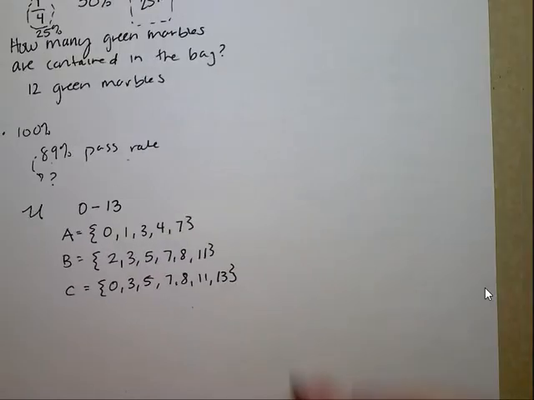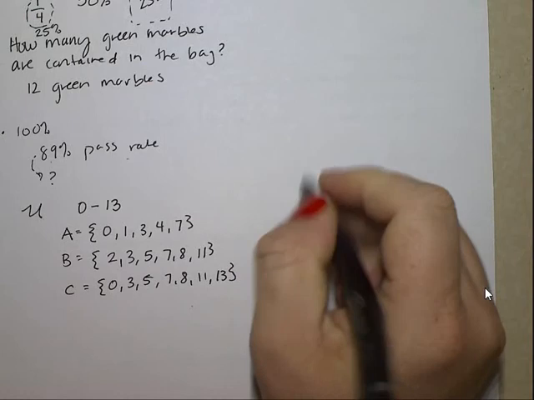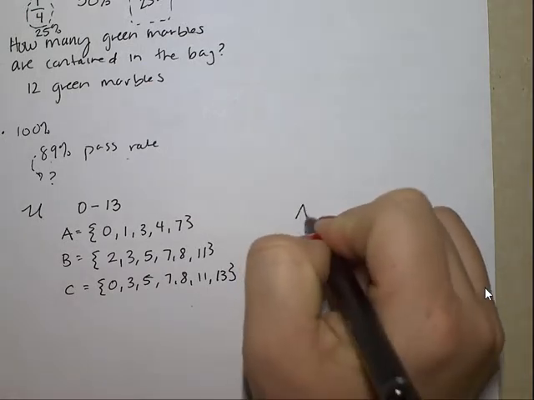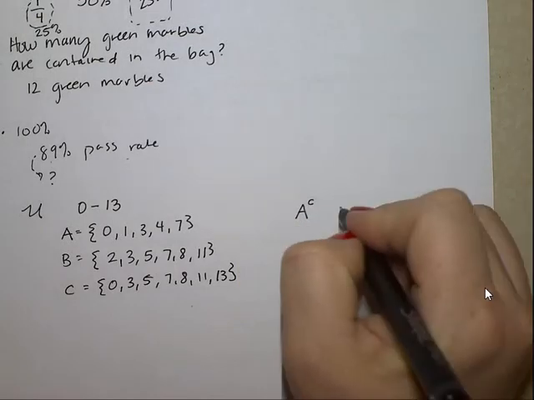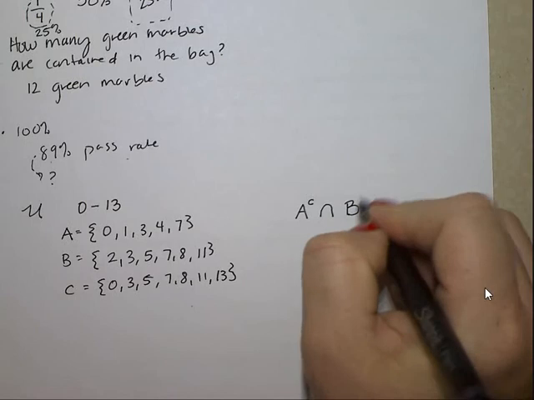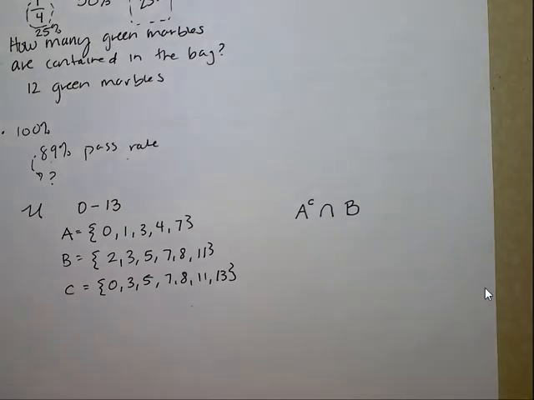The first set we are going to find out is this statement. So first we have to ask, what does that mean? We have to know what is A complement, and then we'll take the intersection with set B. So A complement, how do I get A complement?